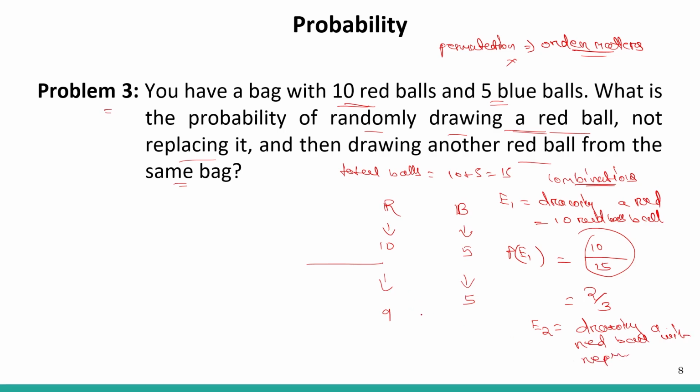So P of E2 will be equal to the number of favorable outcomes over total outcomes. Because only 9 red balls are remaining, it is 9 by 9 plus 5, which is 14.